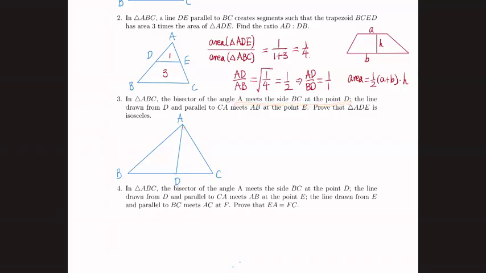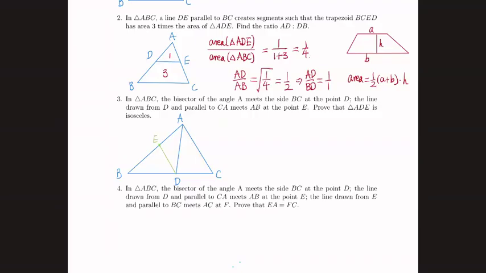Next step, we draw from D a line parallel to CA. Draw a parallel line, meeting AB at the point E.